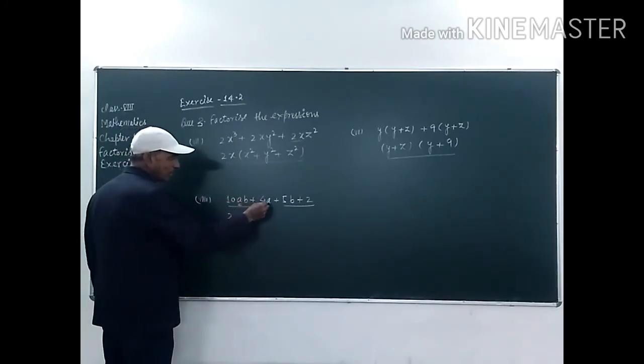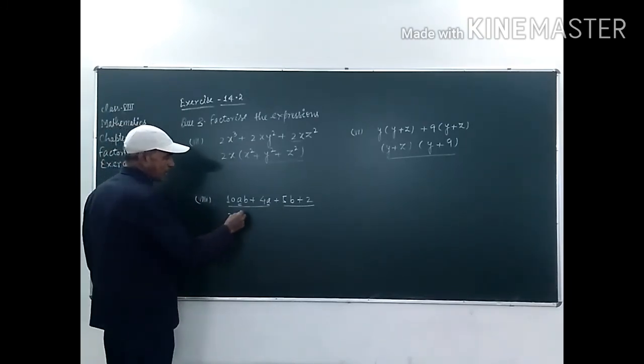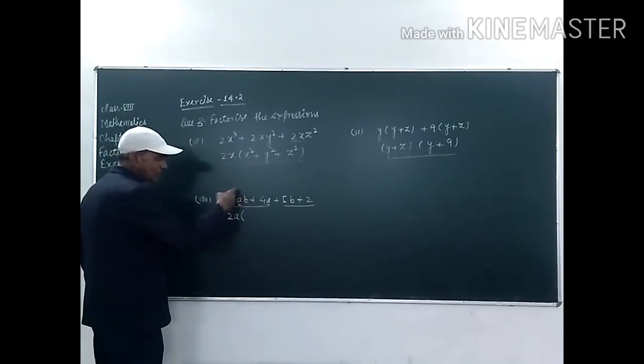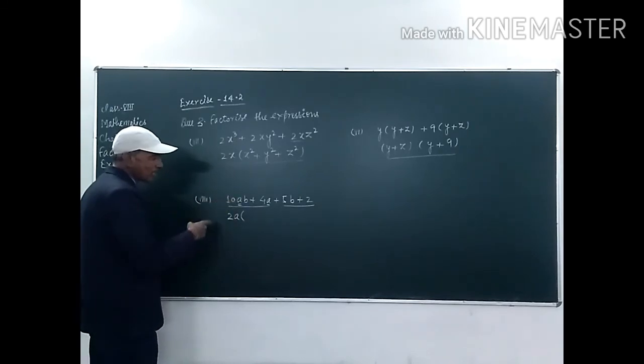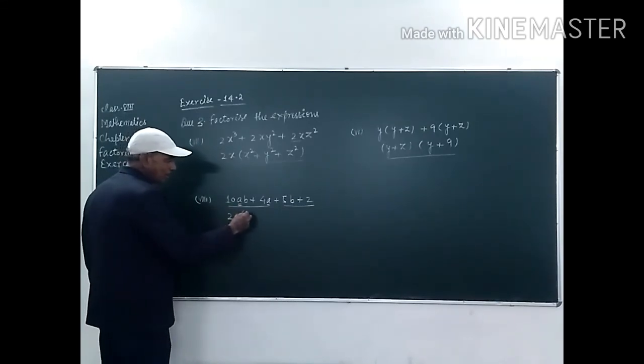A is at least one time in both. So we have to take a as common. So 2a is common, student, and what remains in this first part of the expression? If we divide this 10ab by 2a, it will be 5b. 2 5s are 10, a cancels.